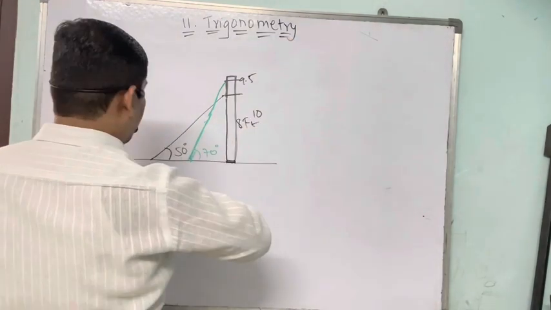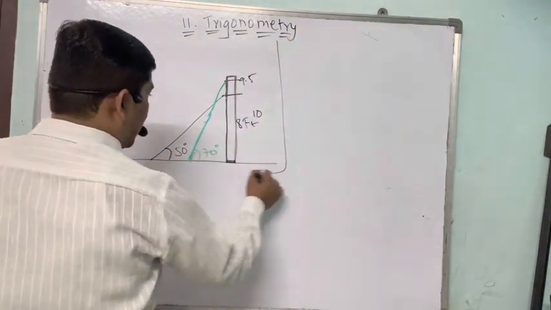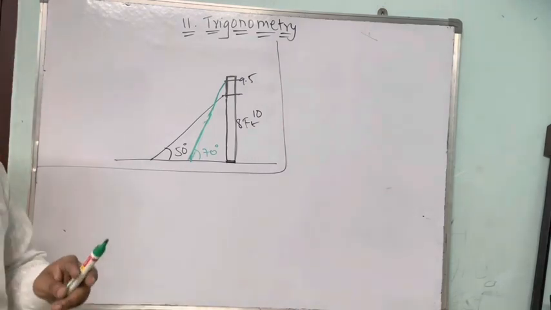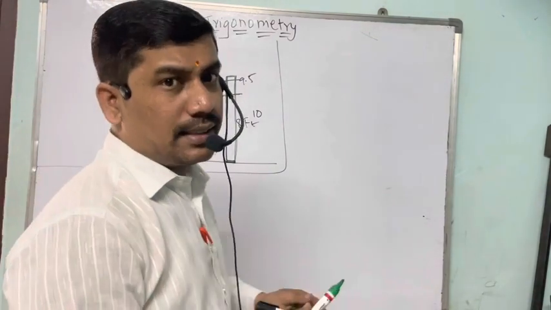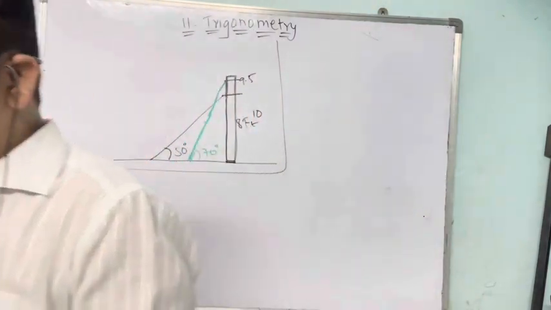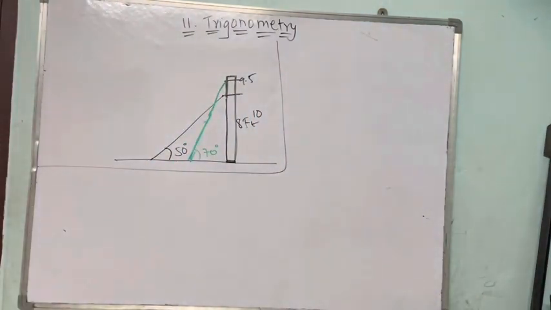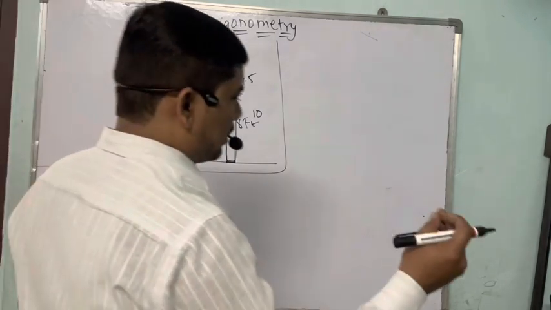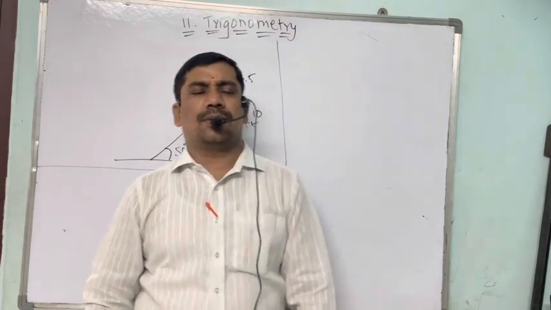Basically this chapter will deal with the right angle triangle. That's why I said the study of the relationship between sides and angles of a triangle is known as trigonometry. That is simply trigonometry, the study of all this.